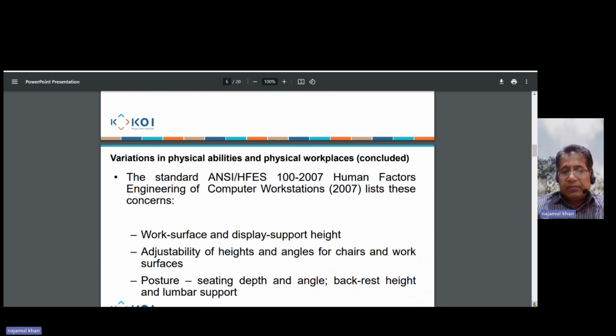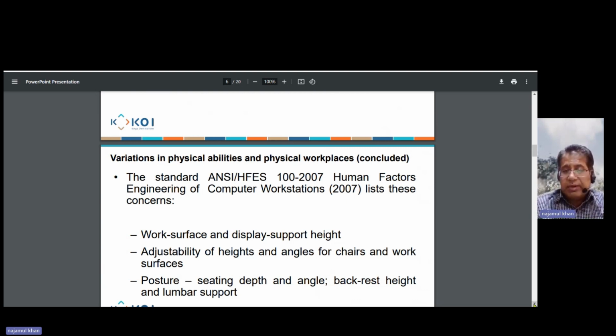Apart from that, another important factor is the design of furniture, or in simple words, workstations. Workstations play an important role, and in that regard, we are going to have a look at some design principles relating to humans working in different workspaces.